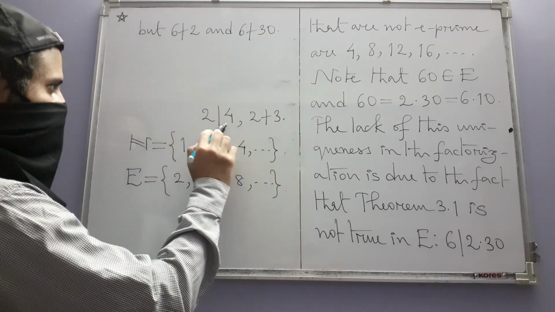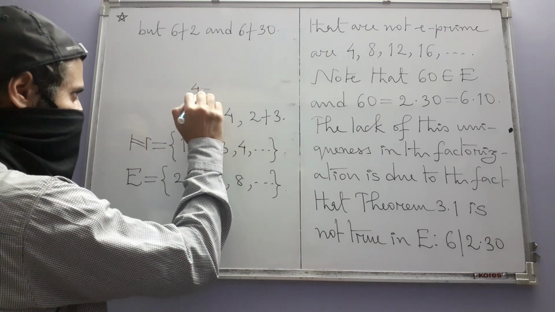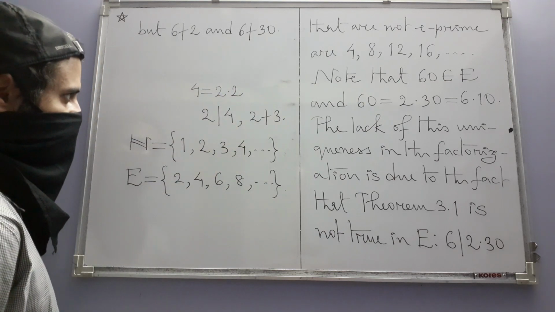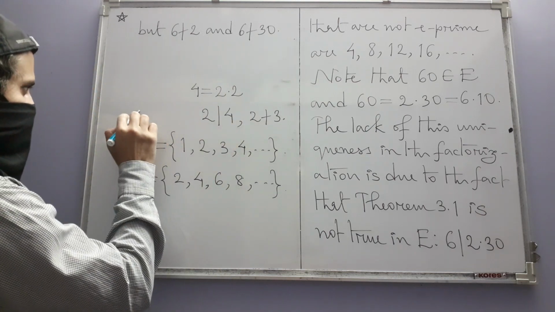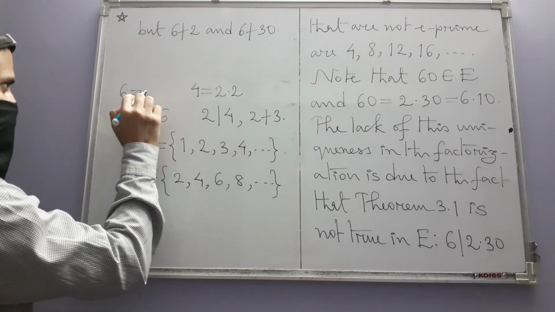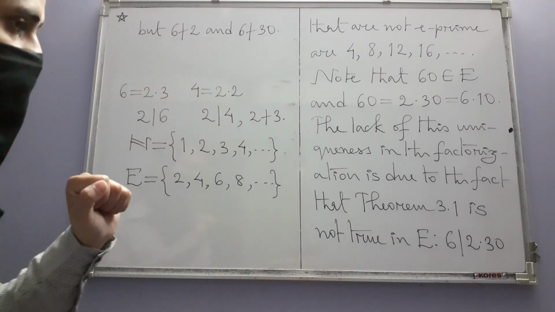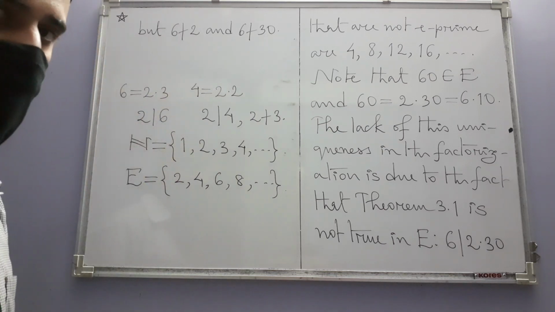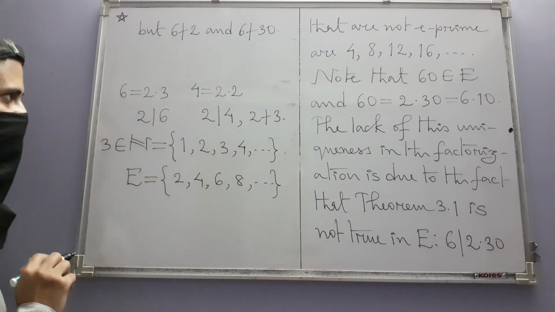The reason 2 divides 4, or the definition of this divisibility relation, is this: 4 is equal to 2 times 2. Well, you won't see the distinction between these two and that two here. Let me take another one. 2 divides 6. Why? Because 6 is equal to 2 times 3. So 6 is a multiple of 2, where that other number actually belongs to this set. 3 belongs to N. That's why.